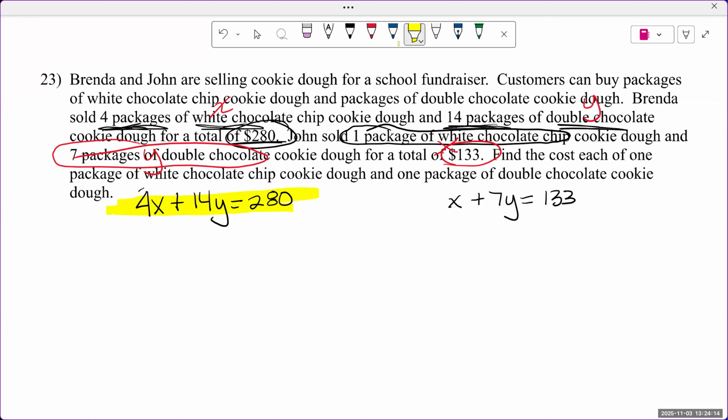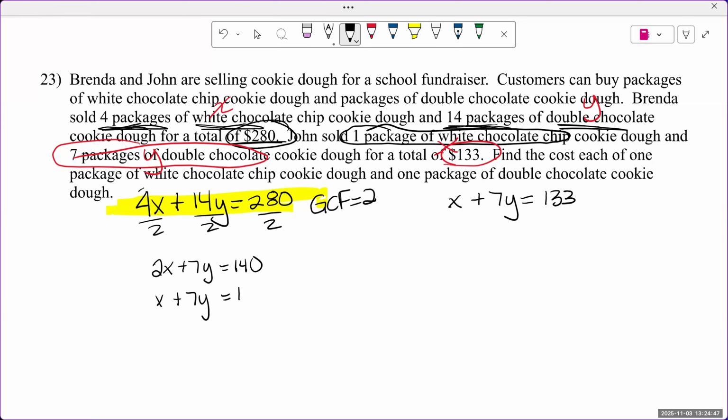Sometimes before I start, I look and I see I have huge numbers, 280, and I have a greatest common factor of 2. So I'm going to go ahead and divide everything on both sides by 2. So I'm going to have 2x plus 7y equals 140. And x plus 7y equals 133.